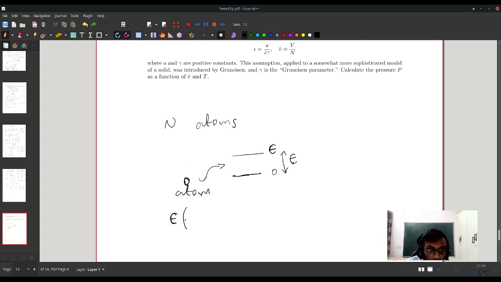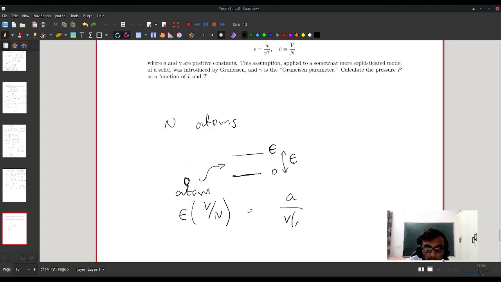That is the model. Let me finish writing this and comment on this model. So epsilon is a function of V over N. It is A times (V/N) to the power gamma.